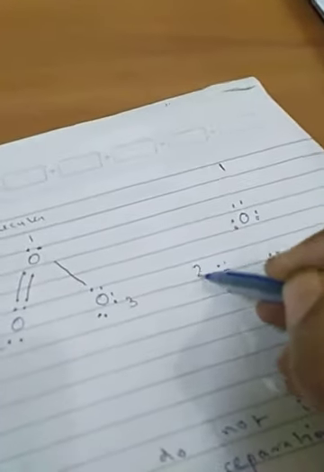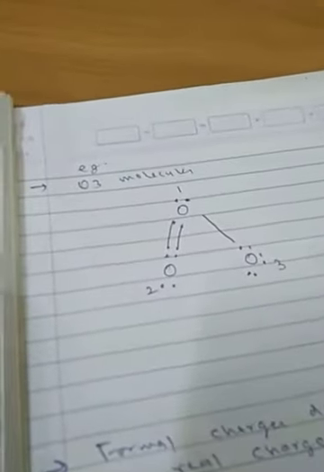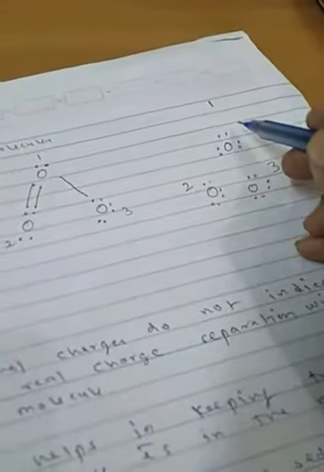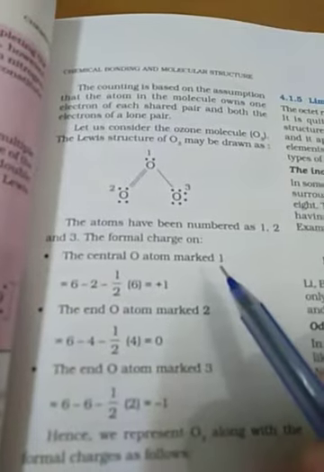See, I am naming this one 1, this one 2 and this one 3. Now we have to derive for number 1. For number 1 I am deriving the formal charge. Total number of valence electrons in the free atom: valence electrons 6.